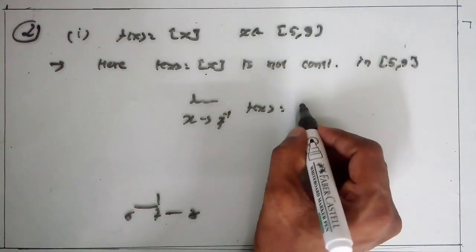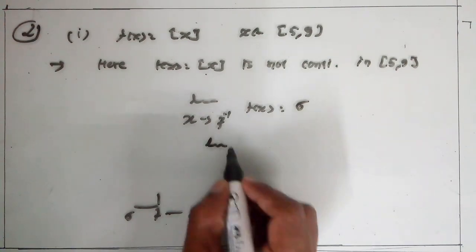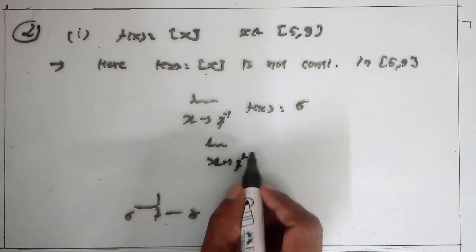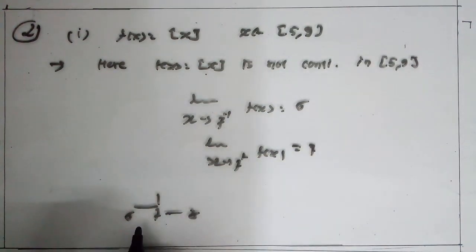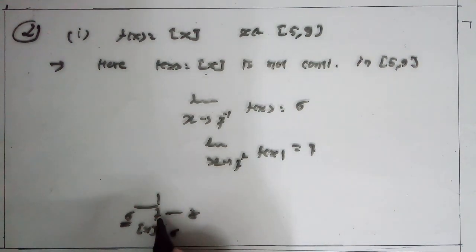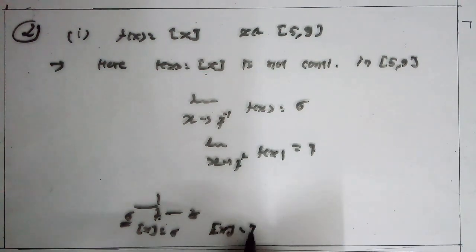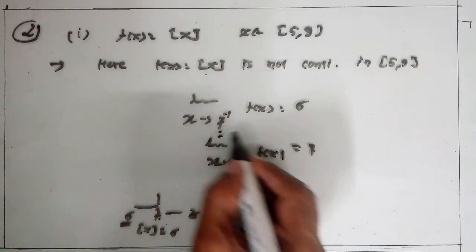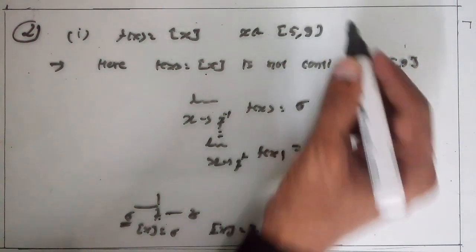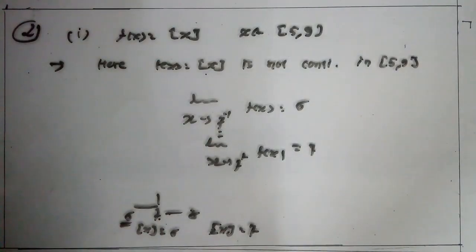And the limit as x tends to 7 from the positive side, f(x) becomes 7. We know that if x lies between 6 and 7, then [x] is equal to 6. If x lies between 7 and 8, then [x] is equal to 7. Clear? Both are distinct, so it's not continuous at 7, so not continuous on the closed interval [5, 9]. Clear?